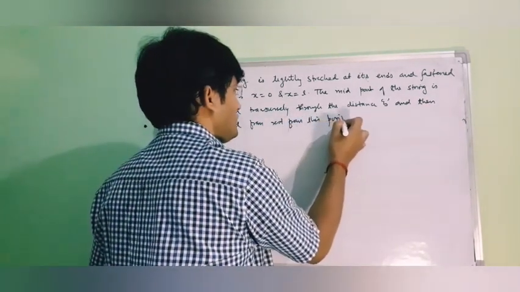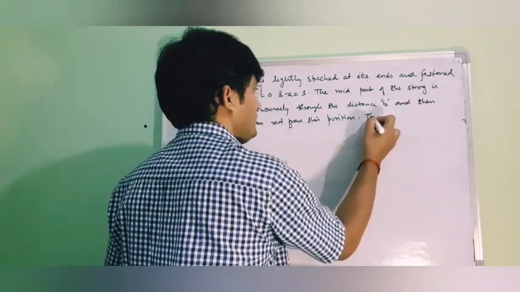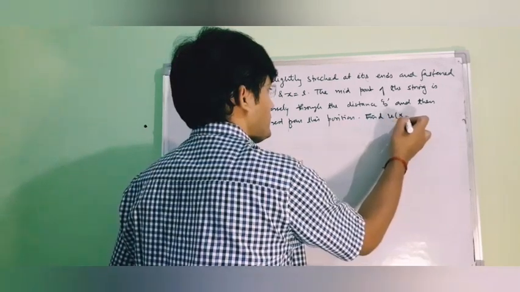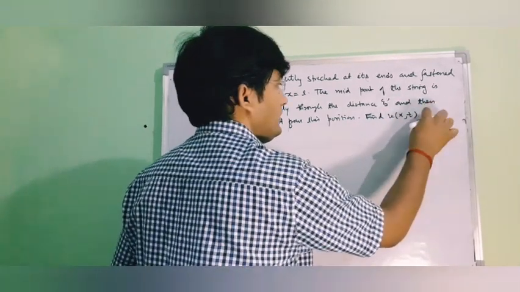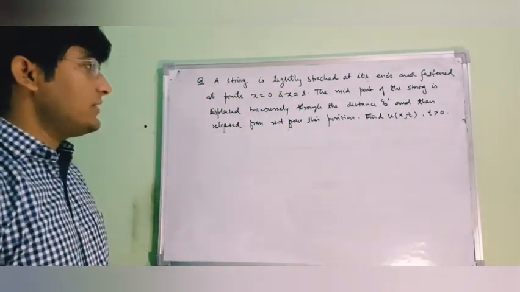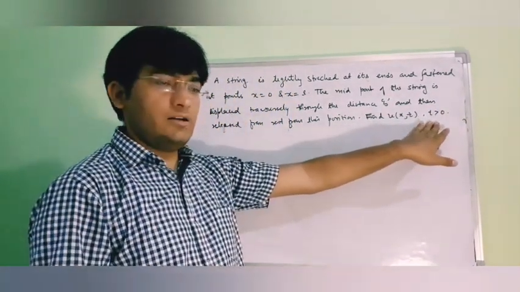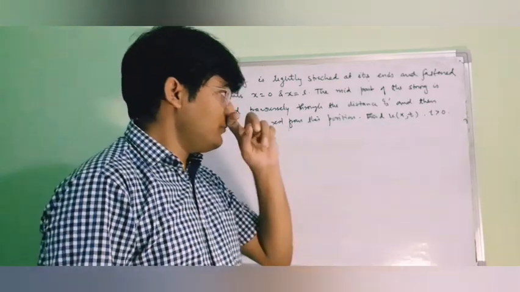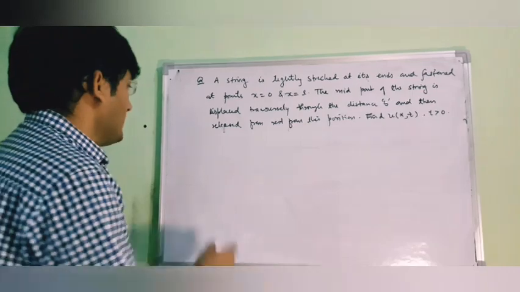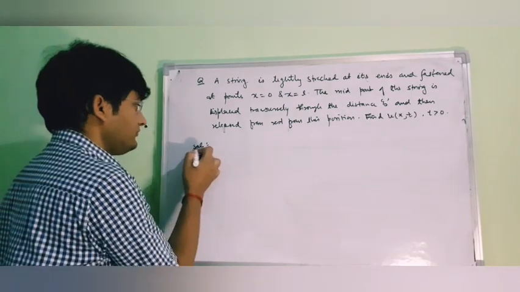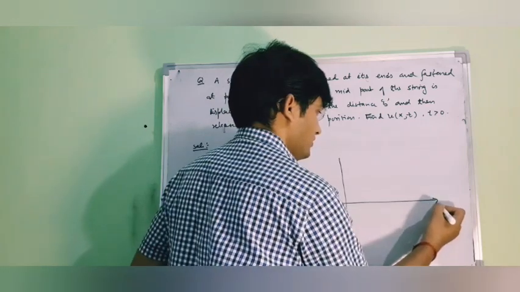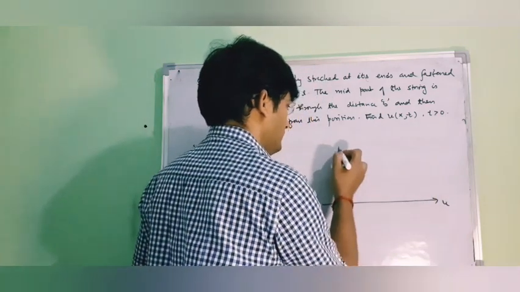So now our aim is to find the displacement of the string at any time t greater than or equal to 0. Solution: here, say this is your u axis and that is your time t axis.